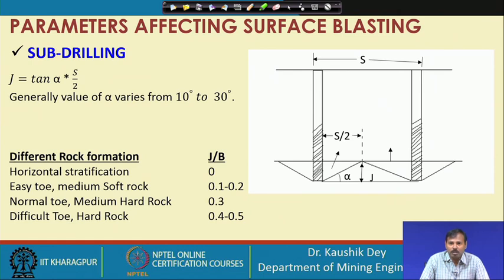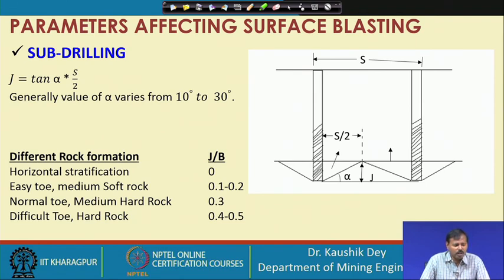Automatically, due to the shock, the layer on which the blasting is being carried out will be separated from the layer placed at the floor level. As they are easily separable, sub drilling is not required in horizontal stratified layers, especially in coal mines and limestone mines.